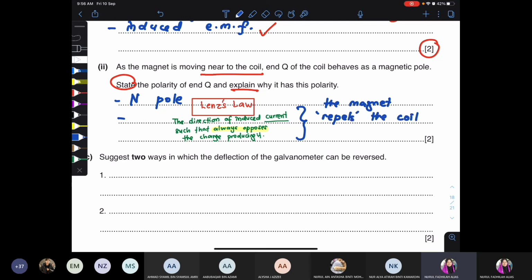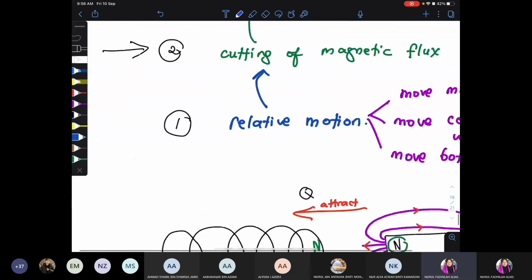Atau magnet tu we refer to the coil tu lah, and then kita kata repels the north. Kenapa kita kata magnet ni?